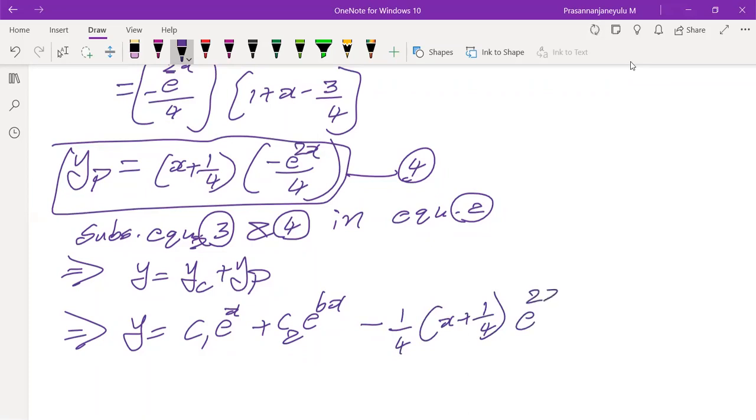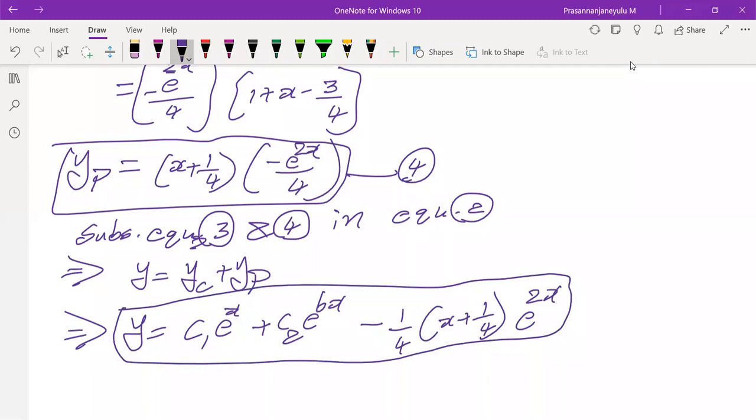Why have I written this e power 2x as a post factor? Already you know that if we write e power 2x as a prefactor, then you may feel x plus 1 by 4 is inside the exponential. So this is the general solution of the given DE.